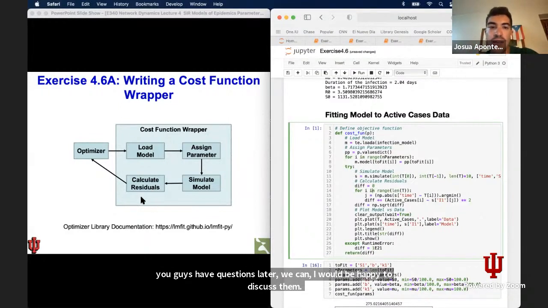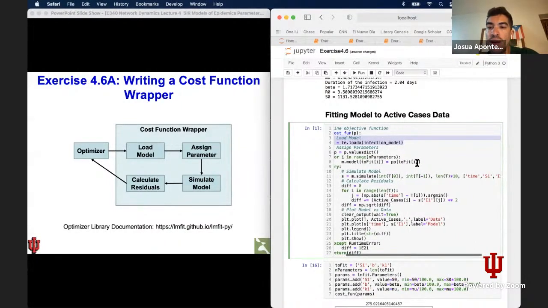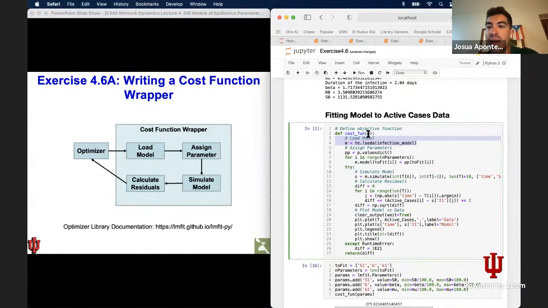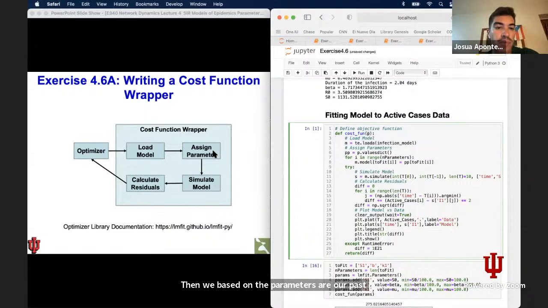But again, there are 4 steps that we need to go through. We need to load our model. Then, based on the parameters that are passed on by the optimizer, we initialize those values into our model. Then we simulate the model.